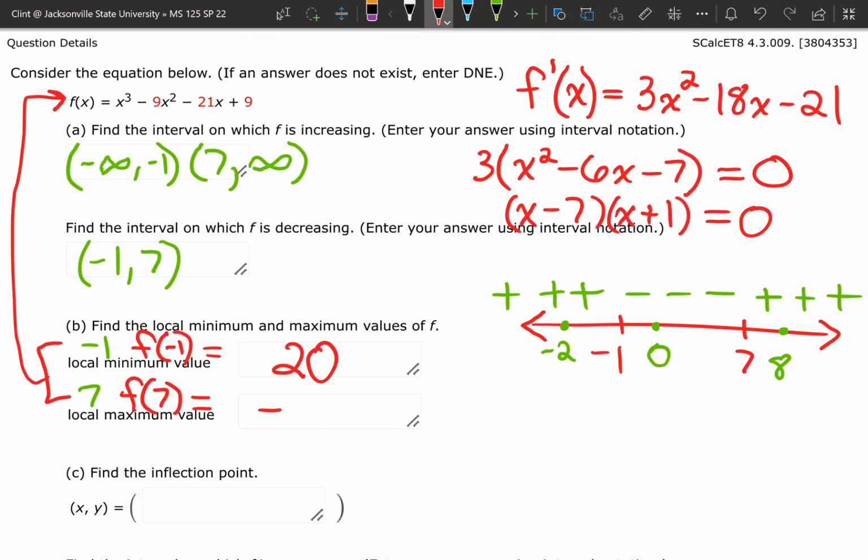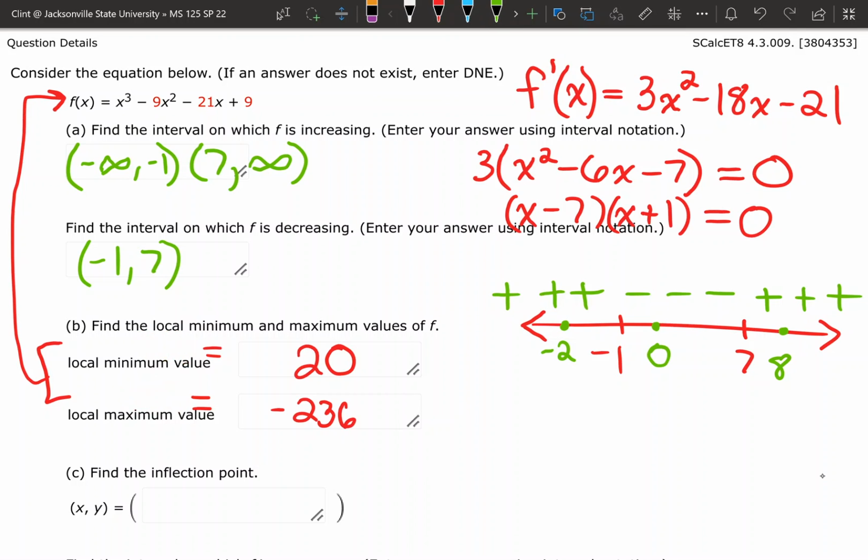And if I typed all that right in, maybe I didn't. Let's see. That's a weird max. Let me check the other one. Did I do the other one right? -1, -9 plus 21 plus 9. 20. Do we do these backward? Oh, yeah, I wrote it down backward. We said it right, and I wrote it down backward.